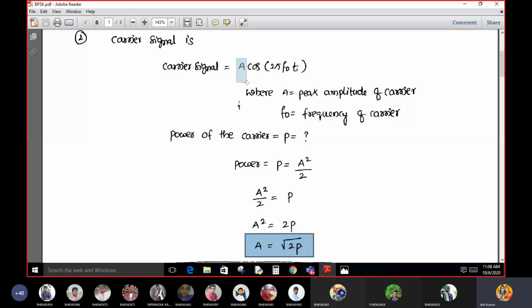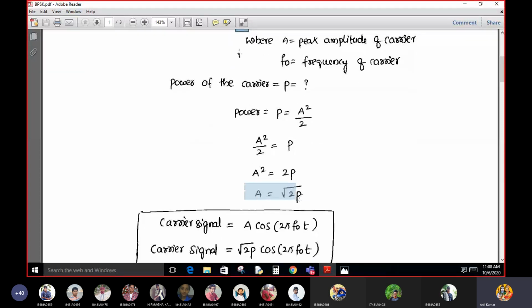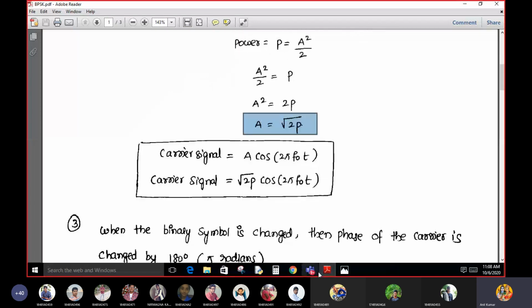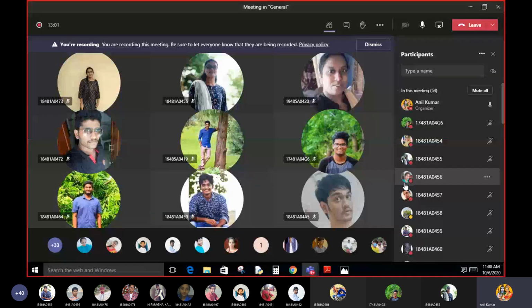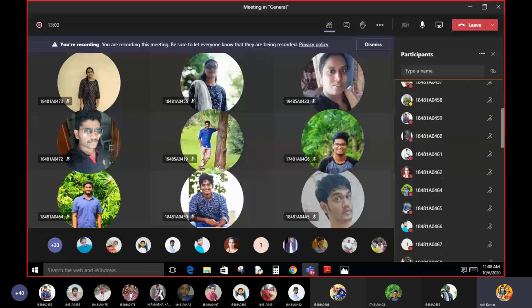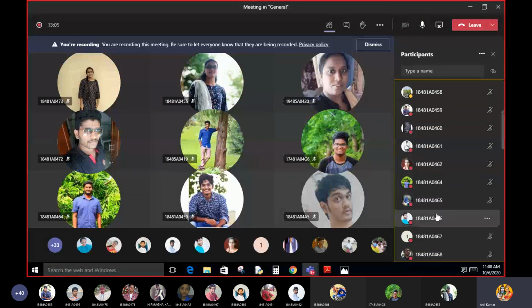Now I represent this amplitude A, the peak amplitude of the carrier, in terms of power. Then A is equal to root 2 P.